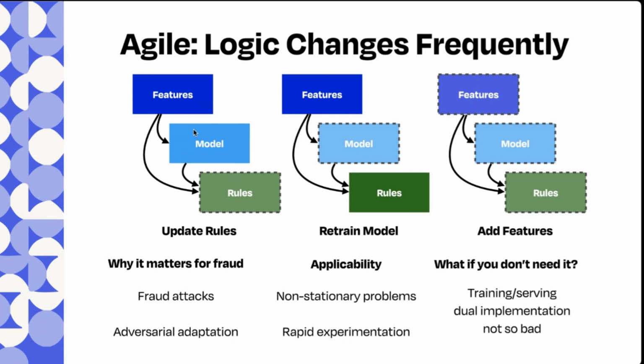If you don't care about this, if you feel like, okay, I've decided these are the 10 features I'm ever going to care about, and I'm going to work on putting those into production, then a lot of the things that I'm going to push on here are things you probably wouldn't care about as much, because having a separate implementation of the training data and the serving data might not be such a bad thing. You're only going to have to implement those things once and then validate them once, and then you're good to go.